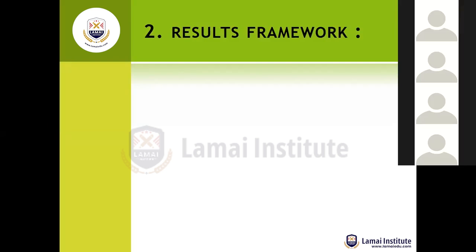Now, secondly, the other thing is the results framework. The results framework is something that we also need to look at. It is also referred to as the strategic framework.